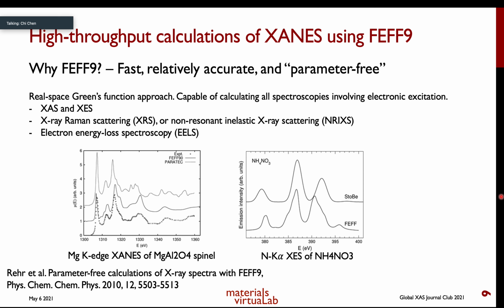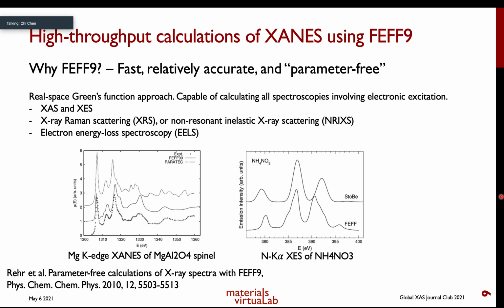So why do we choose that one? It's because it's actually quite fast. And remember, our goal is actually to simulate all the materials that we have in the Materials Project. So that accounts for more than 100,000 compounds. And we have to use a software that is relatively fast. And it has to be accurate, otherwise it loses all the meaning, right?